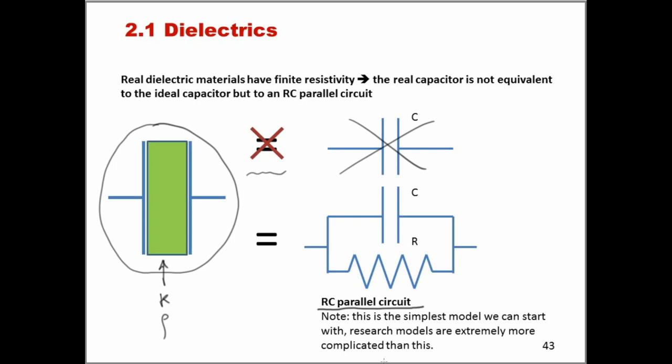Just to note here that this is a very, very super simplified approach that we are taking here. Things can be much more complicated. But for the sake of this discussion, it's completely fine. So the RC is the simplest model we can use for a real capacitor.